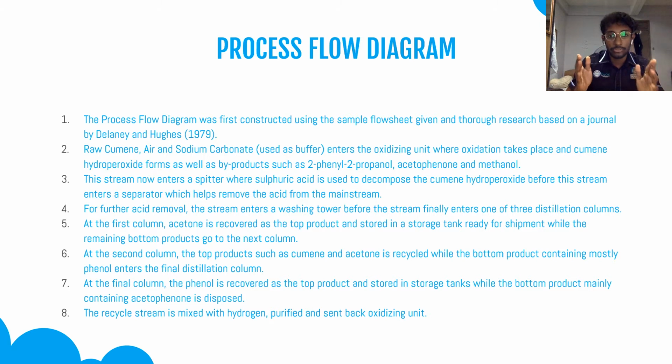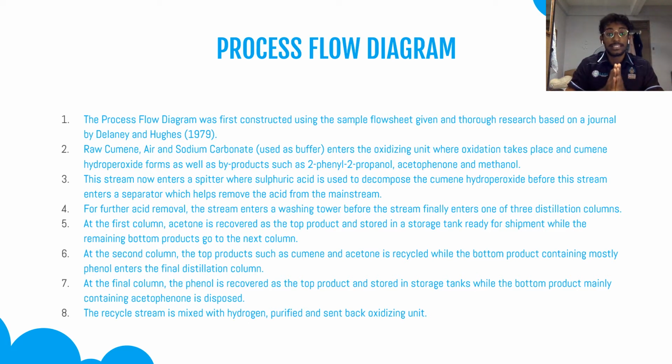After washing off, the stream is sent to our first distillation column, where the top product, the light key acetone, is removed and stored in a tank because acetone is expensive. It can be sold. The bottom product enters our second distillation column. Here the top products are the recycles and the bottom product is sent to the third distillation column.